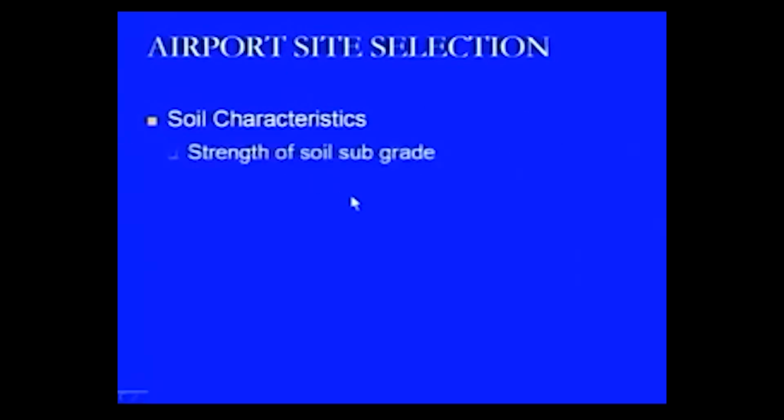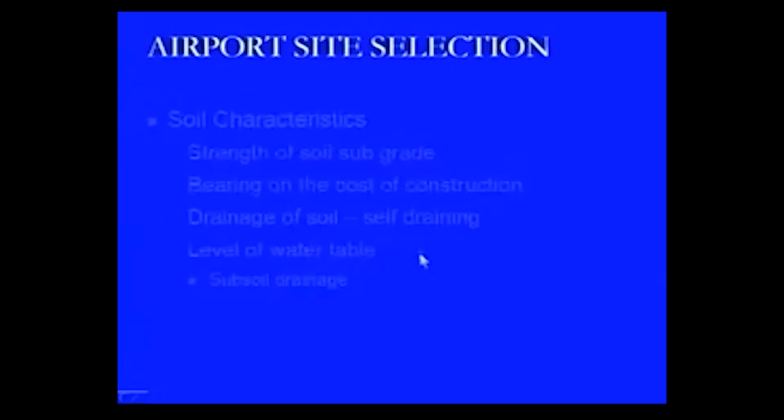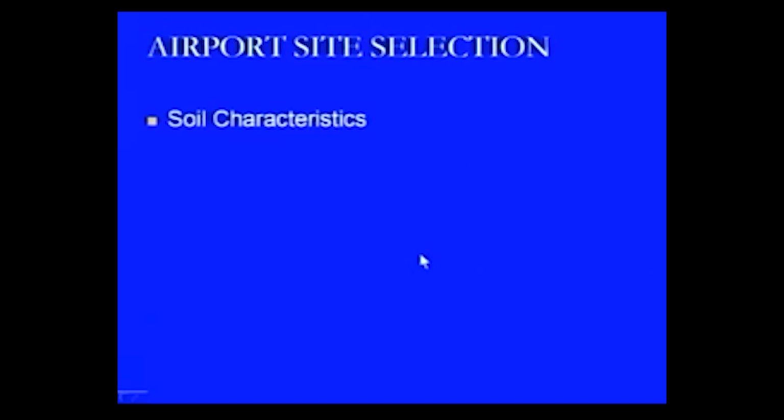The next factor is soil characteristics. In the case of soil characteristics, we have to look at the strength of the soil subgrade, or the bearing capacity, and its effect on the cost of construction. Then we have to look at the drainage aspect, because it should be self-draining, so that the water goes away and it becomes dry as fast as possible. We also see what the level of the water table is and the effect of fluctuations in the water table, in terms of subsoil drainage, or water coming to the top and the change of volume of the soil, which brings deformation.